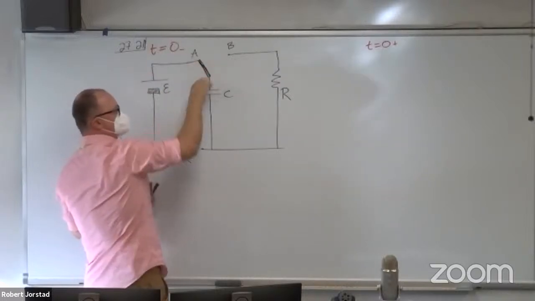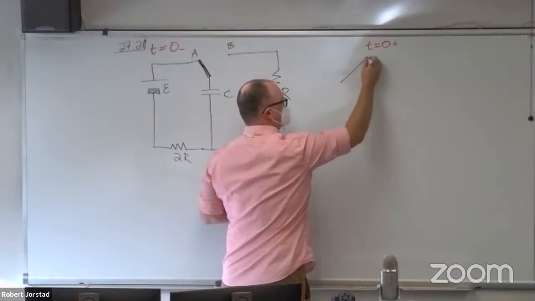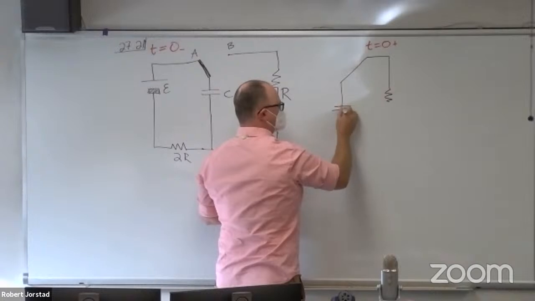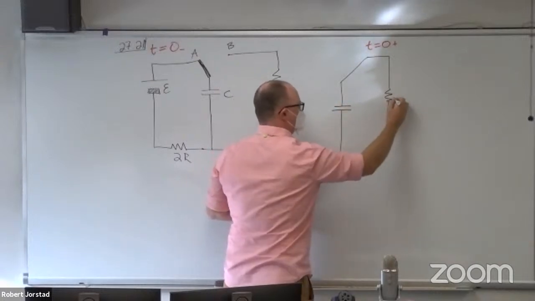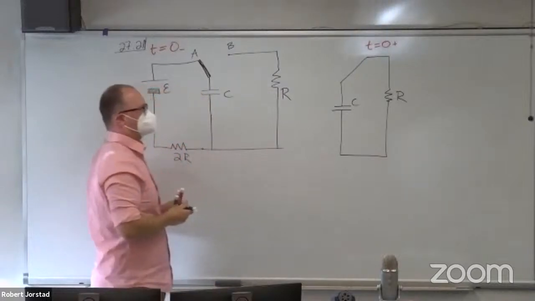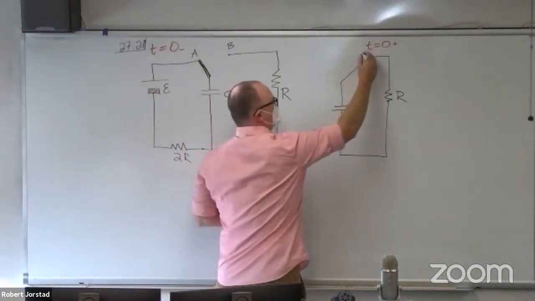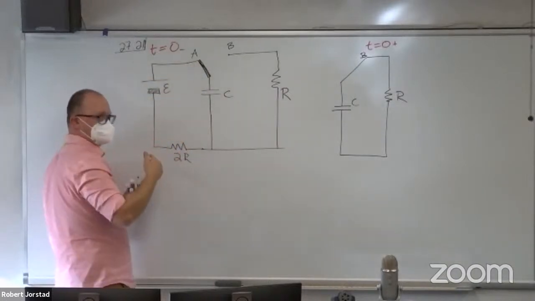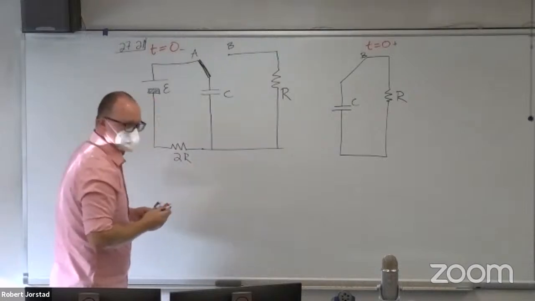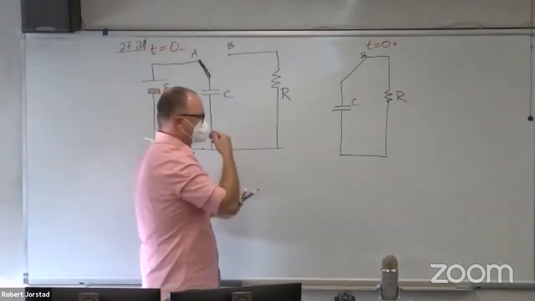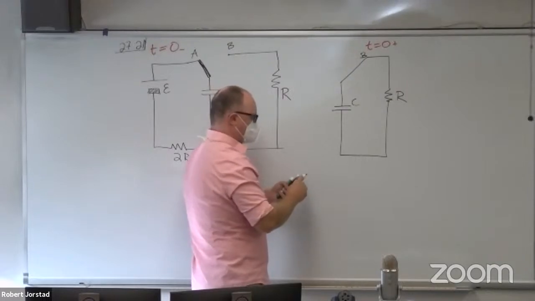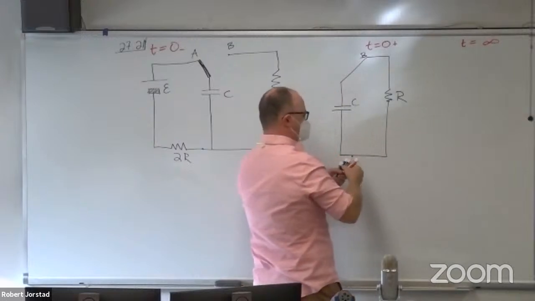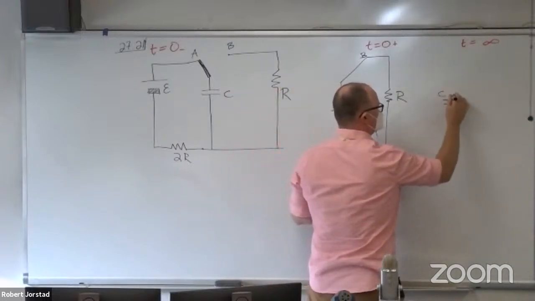When I flip the switch to B, I argue it's basically just this, R and C. Once I'm in position B, when I flip over to here, this stuff is no longer connected at both ends. Everybody good with that? Okay. So this is 0, and then let's go ahead and stick a T equals infinity picture on there. That just means after a long time. Still have a capacitor.